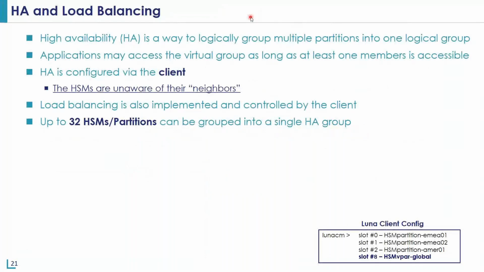So HA, your high availability, is a way to logically group multiple partitions into one logical group. The key word here is multiple partitions. So your HA is a partition level operation. Your multiple partitions sitting on multiple HSMs will be part of your HA group.